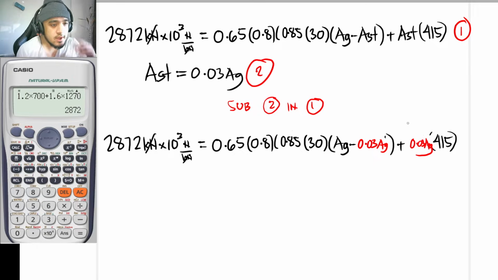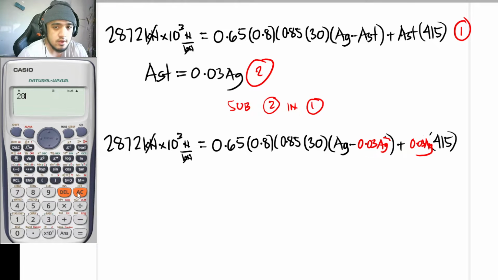Since we only have one unknown, we can now solve for it. You can solve for it manually by algebra, but since I already have my calculator here, I will make use of technology to my advantage.